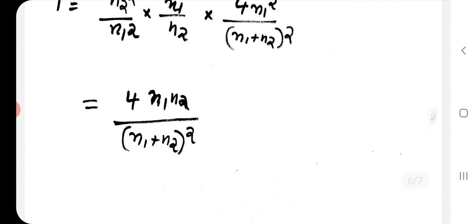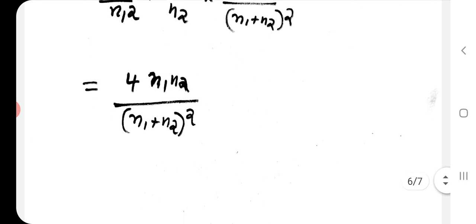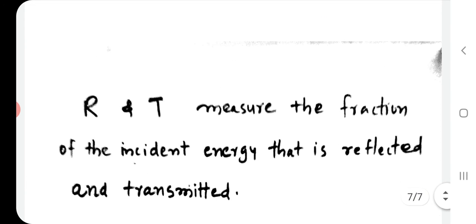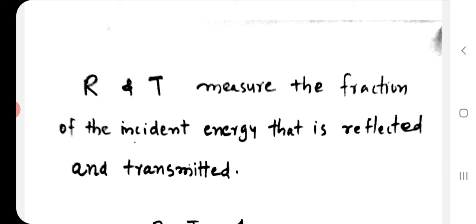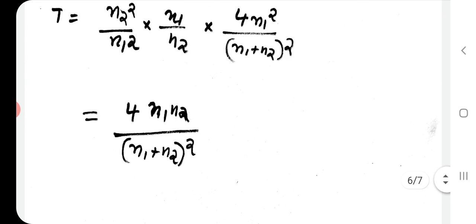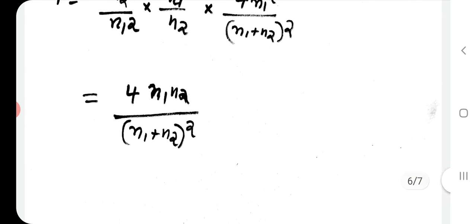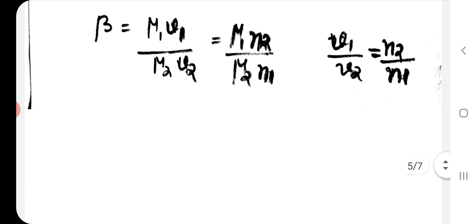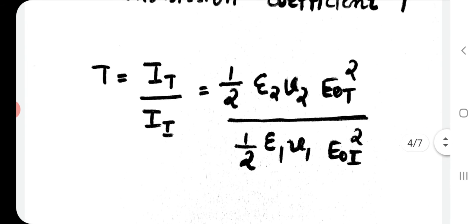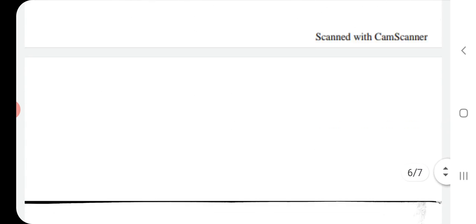Okay, so we have got the reflection coefficient and the transmission coefficient. And as we said earlier, they measure the fraction of the incident energy that is reflected and transmitted. What we observe is, when you add R and T, where T is 4N1 N2 by (N1 plus N2) square and R is ((N1 minus N2) by (N1 plus N2)) square, you will be getting 1.